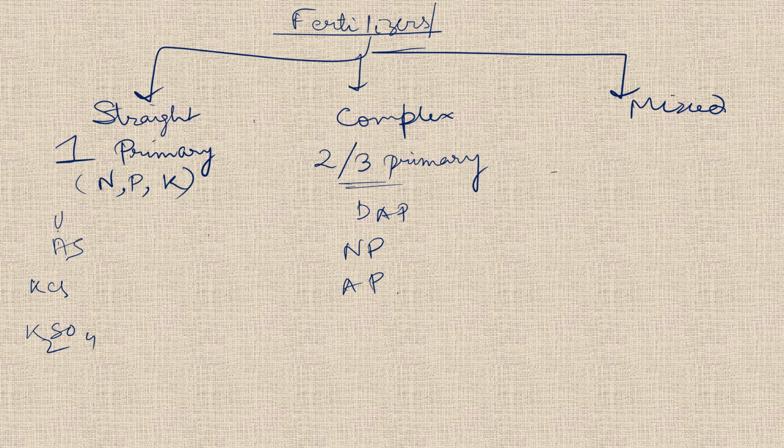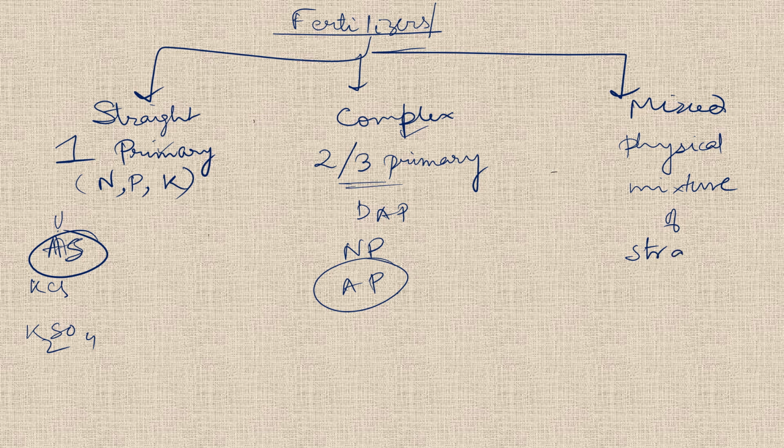So you must remember ammonium phosphate is a complex fertilizer, whereas ammonium sulfate is a straight fertilizer. Then mixed fertilizers are simply a physical mixture of straight fertilizers, thoroughly mixed mechanically or manually.